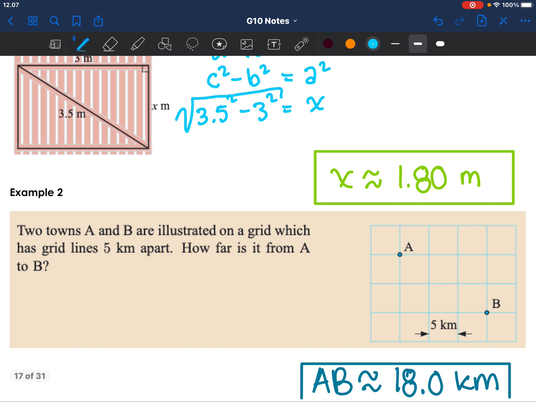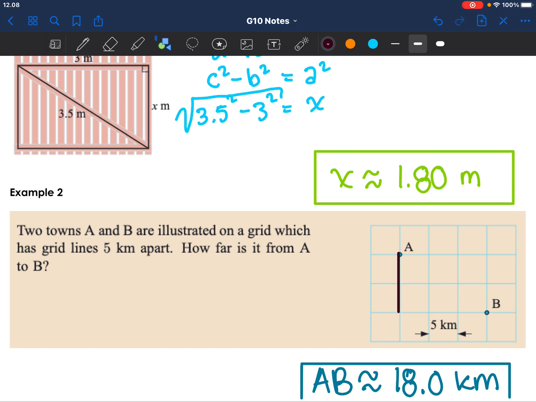Alright, so here's another example, and the answer is already there, but show me how we got there. It says two towns A and B are illustrated on a grid which has grid lines 5 kilometers apart. How far is it from A to B? Okay, so each grid represents 5 kilometers.